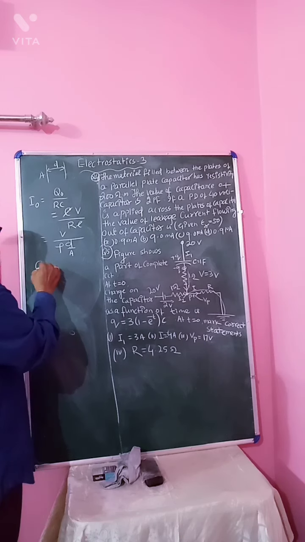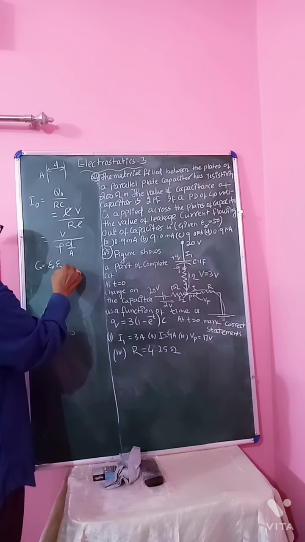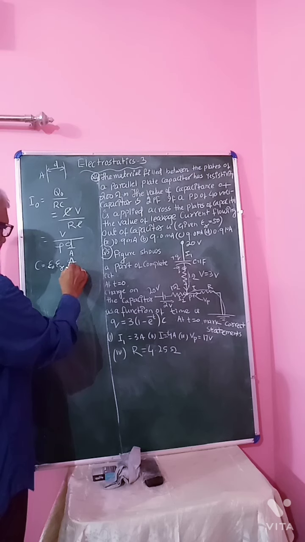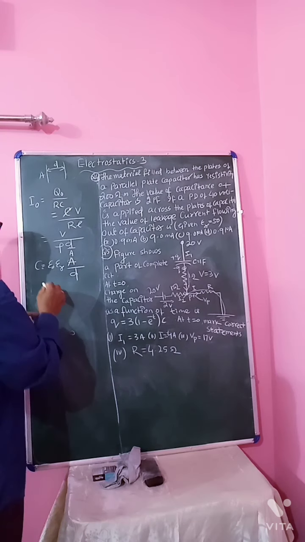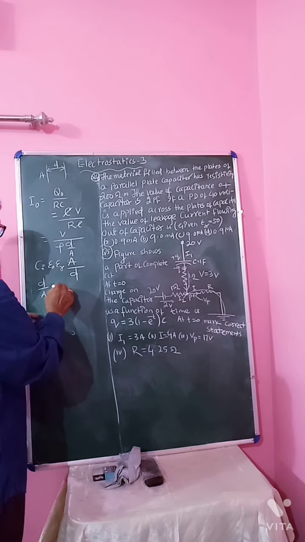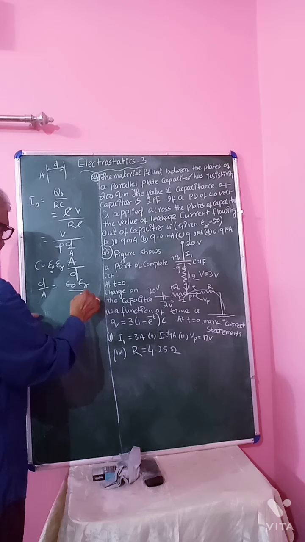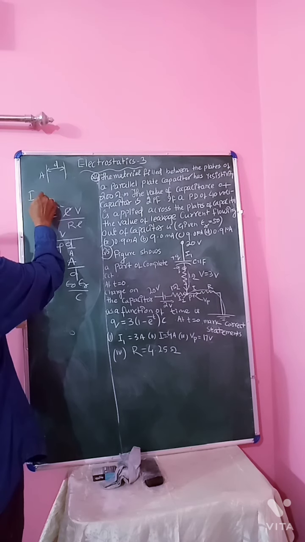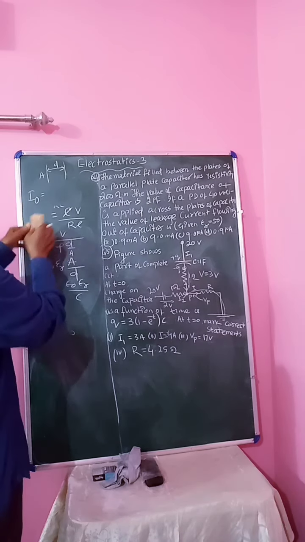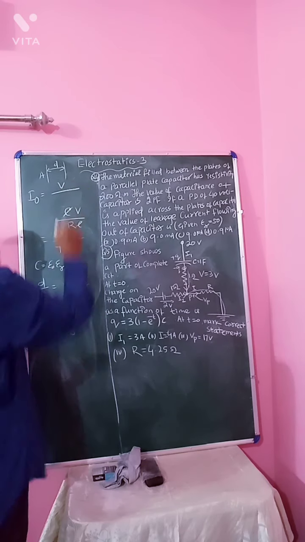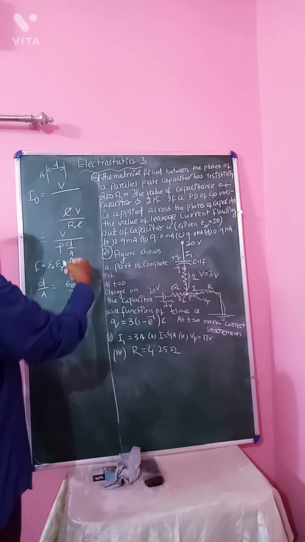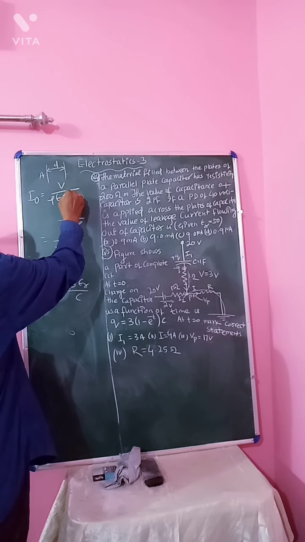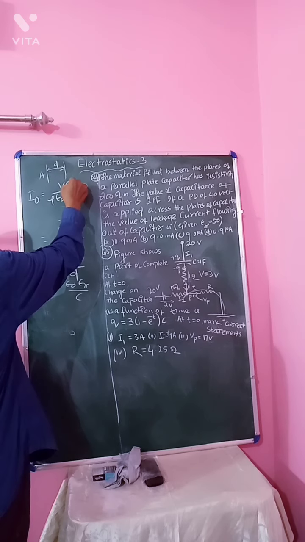We know capacitance equal to epsilon 0 epsilon r into area by separation, or d by A equal to epsilon 0 epsilon r by C. So I0, leakage current, equal to potential difference V by R, R equal to rho into d by A. Rho is given, d by A is epsilon 0 epsilon r divided by C. C goes to the numerator.